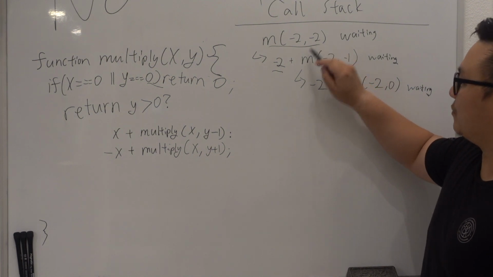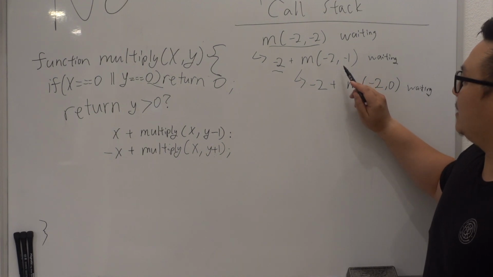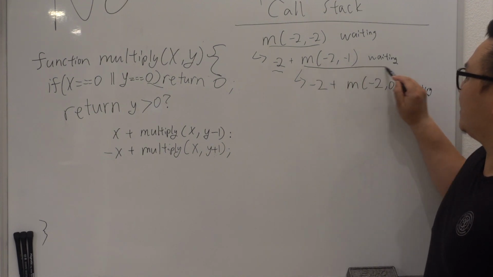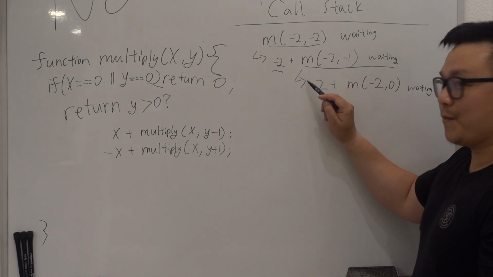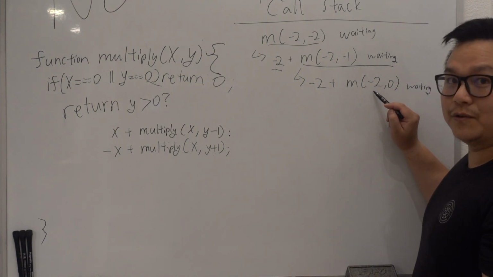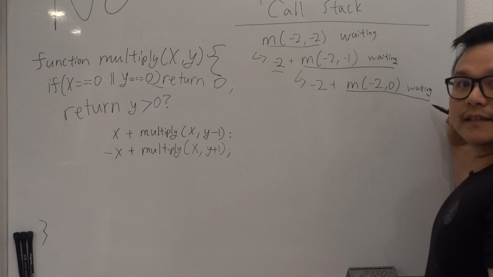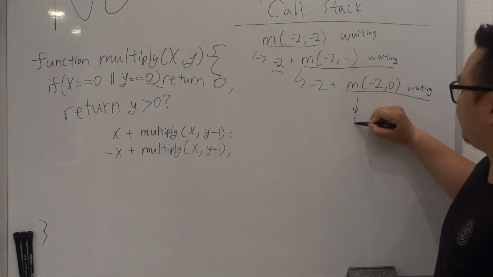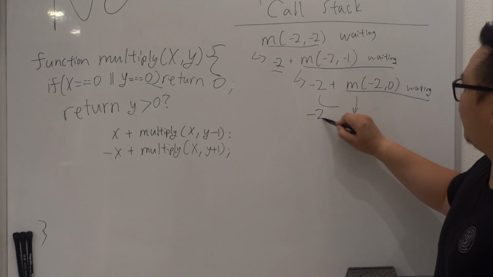Because y plus 1 is negative 1. And this function will be waiting at this point for this to be evaluated. So this will return negative 2 plus the multiply of negative 2 and 0. And this is waiting now. And this will return 0.